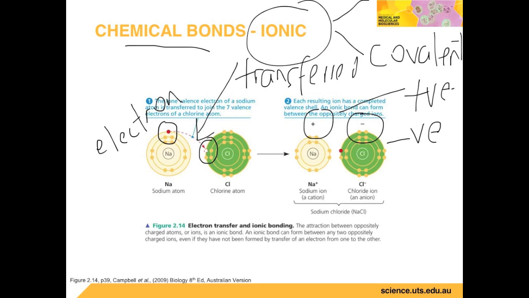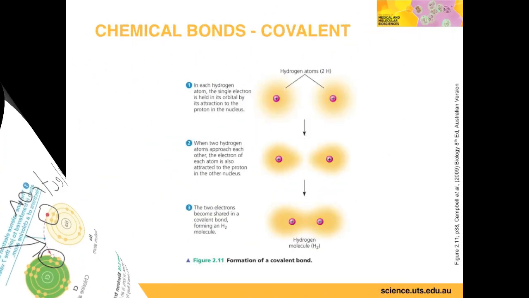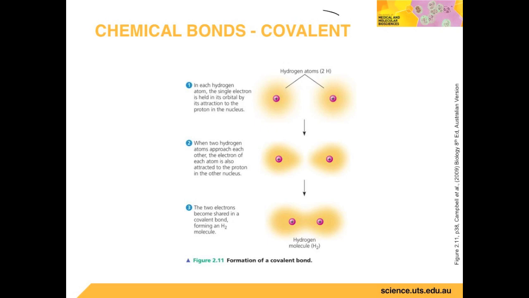These bonds, ionic bonds, are not that common in biology. A bond that is common in biology is covalent. And in this case, we're talking about the sharing of electrons. These are common in biology.